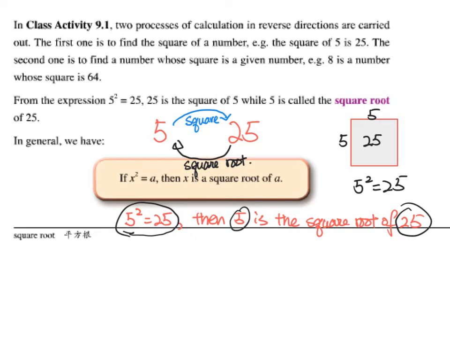That means we are asking what number square will be equal to 25. That number is called the square root of 25. So when we say x square equals a, then x is a square root of a.